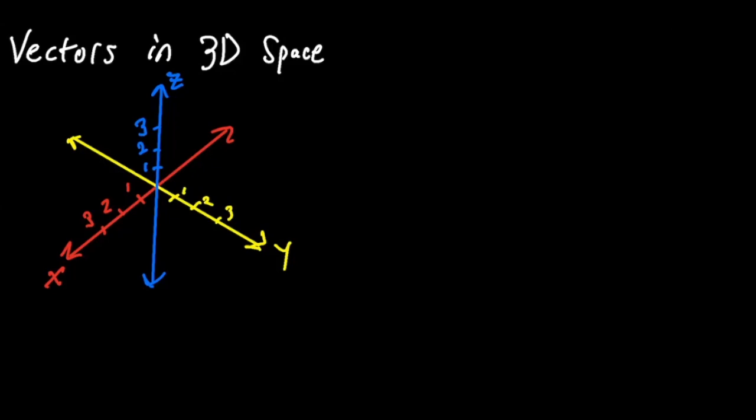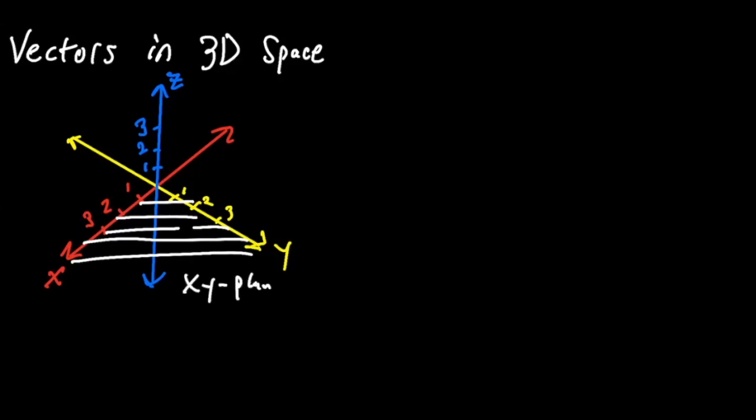The first plane we can look at is the XY plane, which is the plane right here. So the plane containing the X and the Y axes, so we're looking down on the XY plane. We can also consider the ZY plane, which is the plane here. So kind of like to our right, we have the YZ plane.